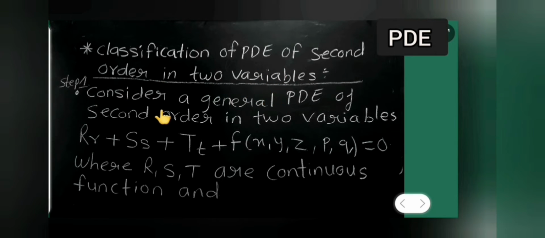Now it has 6 steps. Step 1 is: consider a general PDE of second order in two variables, that is Rr + Ss + Tt + f(x, y, z, p, q) = 0, where these capital R, capital S and capital T are continuous functions.